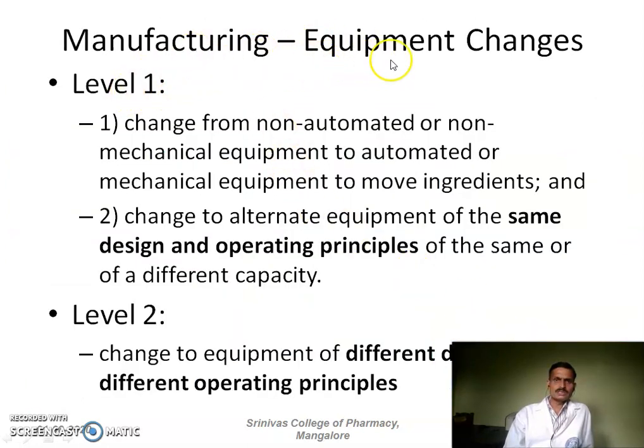So level 1 change in case of equipment changes: change from non-automated or non-mechanical equipment to automated or mechanical equipment, or change to alternate equipment of the same design and operating principles, that is only different capacity, only a minor change. Level 2, change to equipment of different design and different operating principle. So that is a moderate change.